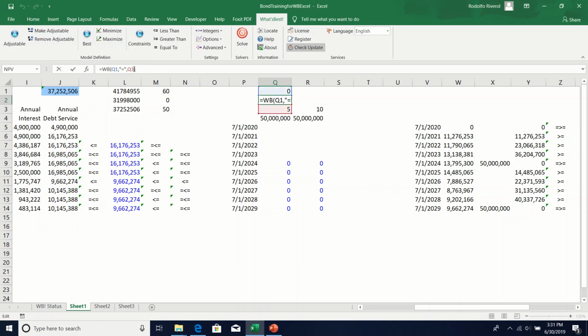Okay, so it's not going to be equal, but that's fine. Copy this over. Now we're going to have the sum here equals sum.